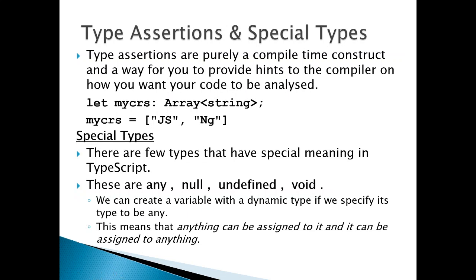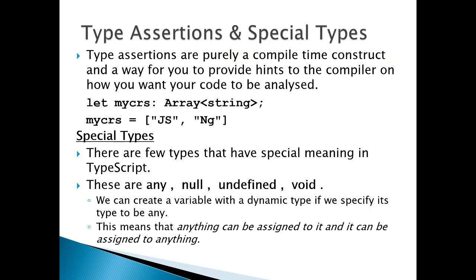You can put number into it, you can put string into it, you can put array into it, you can put objects into it, you can put functions into it. Any is a type. You cannot say that in any we are using strings. We are using actually characters which are of type any. So any can be a type.